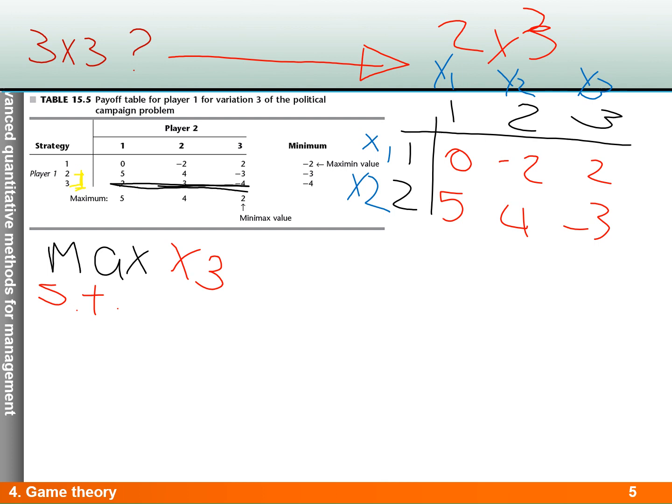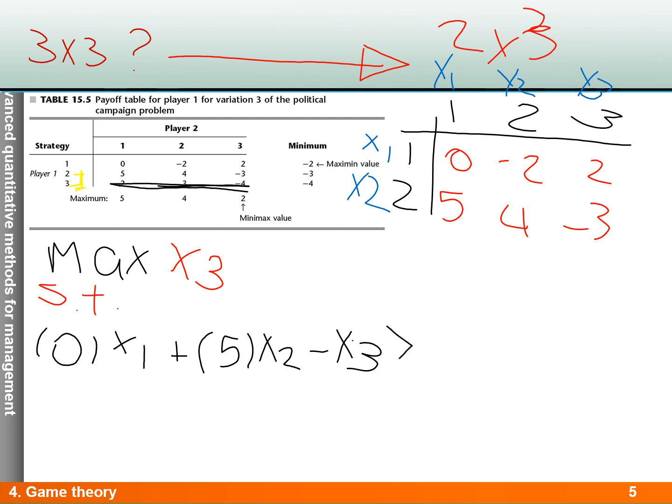The value, sorry, P11, that is 0 multiplied by x1 plus 5 multiplied by x2 minus the value, because it's the element that comes from the other side of this inequality, greater than or equal to 0.